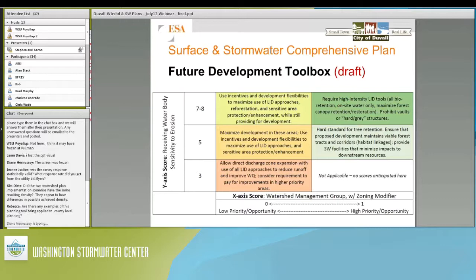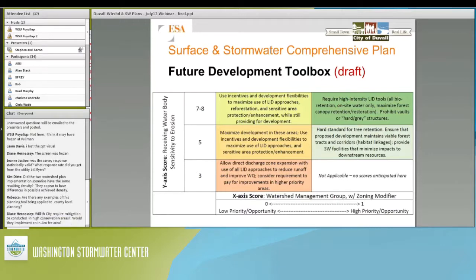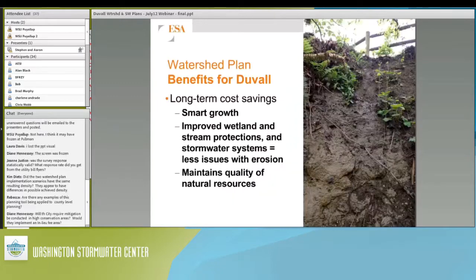And then the y-axis is looking at the sensitivity of the receiving water body either to erosion or to water quality, and the proximity of the drainage plat or the development area to those specific features. Based on that, it sets high-level priorities for what should be expected. So long-term, the city is hoping for smart growth, improved protection of natural resources, and reduced issues occurring.